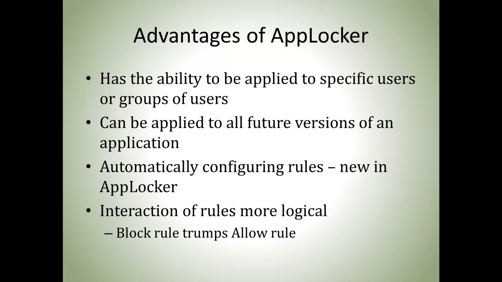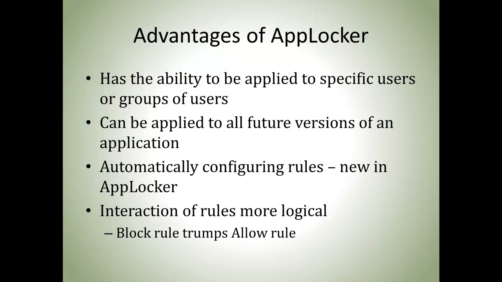And you can automatically configure rules now. Applocker now has wizards that allow you to easily configure rules and hopefully get them a lot more accurate than having to kind of feel your way through in software restriction policy. And the last thing is the interaction of the rules is a lot more logical when it comes to the way Applocker functions as opposed to software restriction policy.